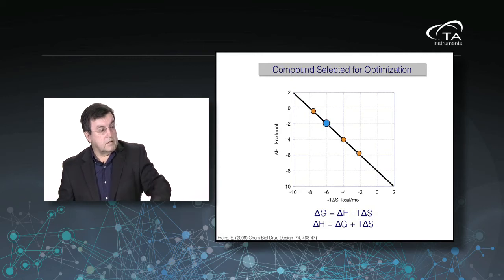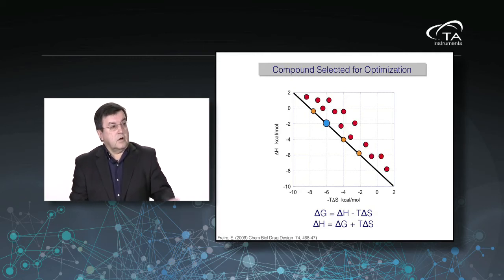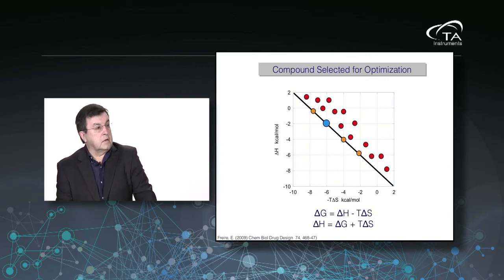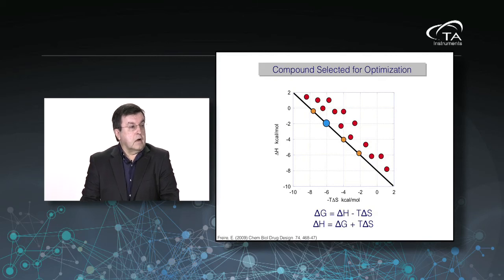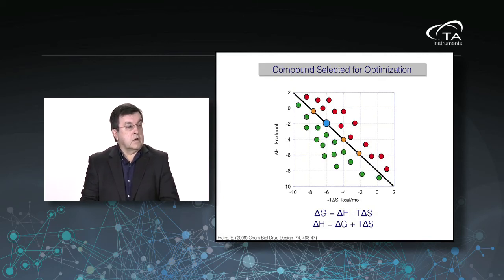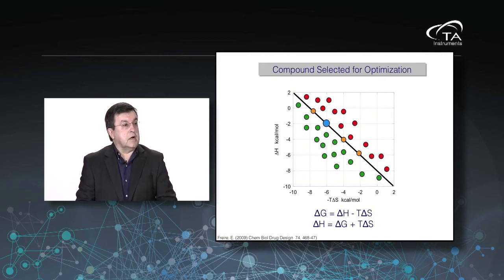But all of them have the same binding affinity. Compounds that fall on top of that line, above the line, have lower binding affinity than the parent compound, and compounds that fall below the line have a better affinity than the parent compound.